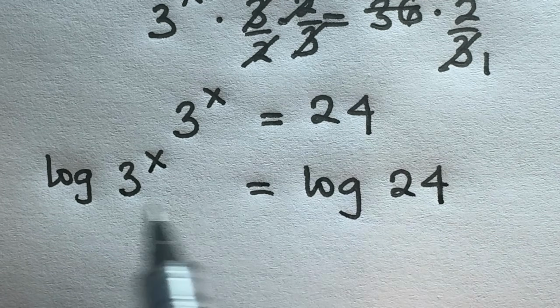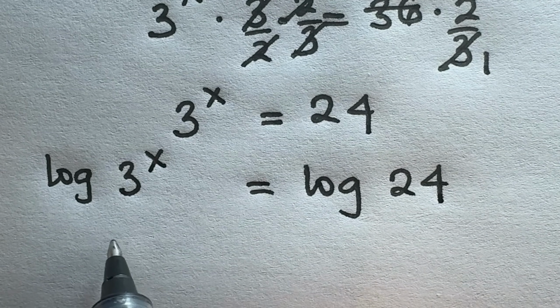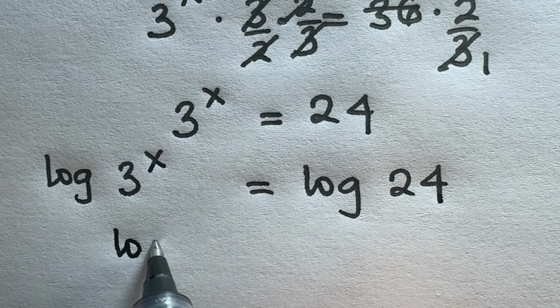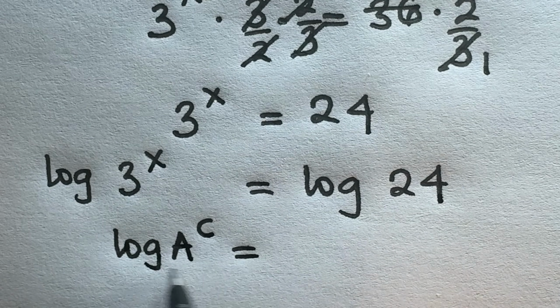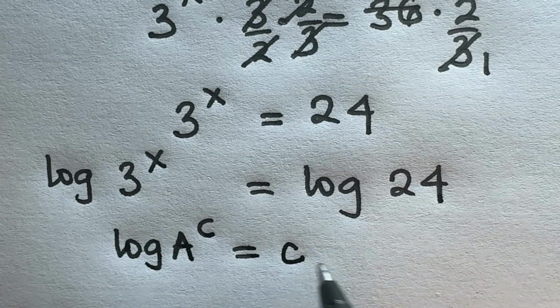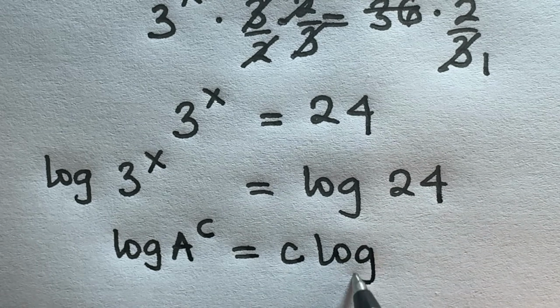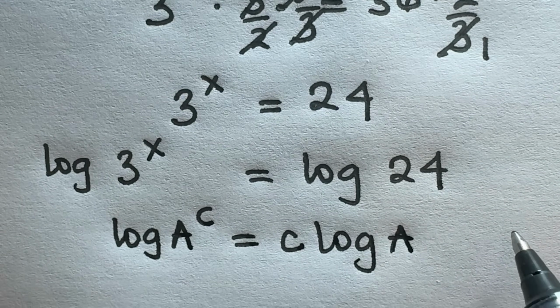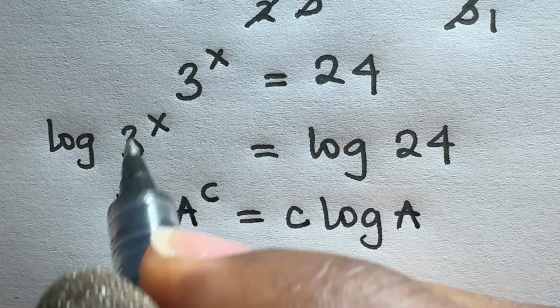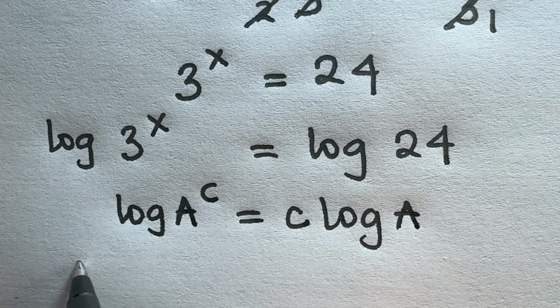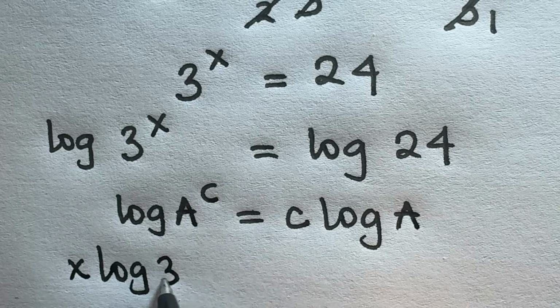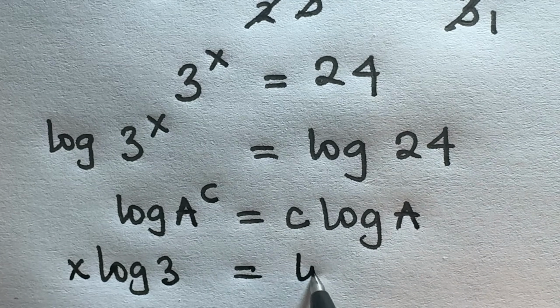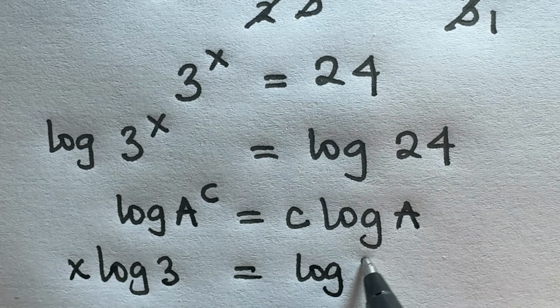A closer look at the left hand side expression will say it's of the form log a raised to power c, and by law of logarithm this will give us c times log a. Therefore our equation becomes x times log 3 is equal to log 24.